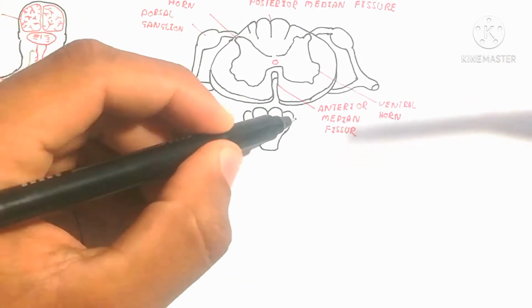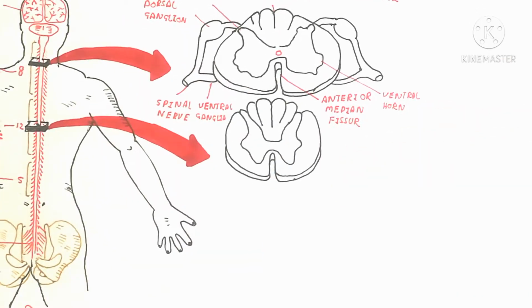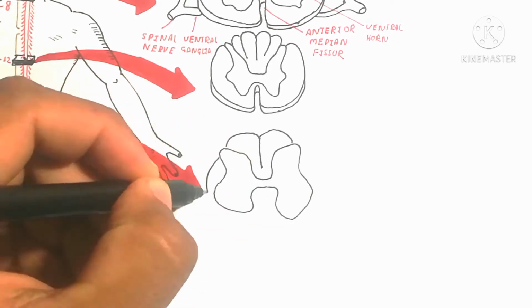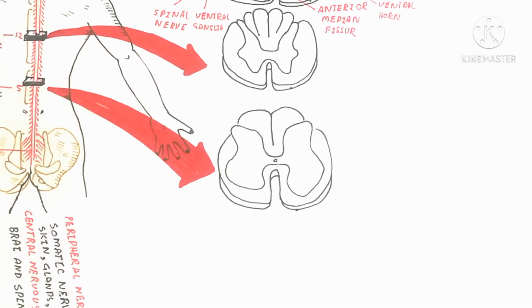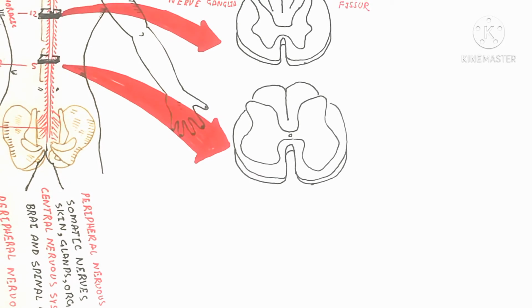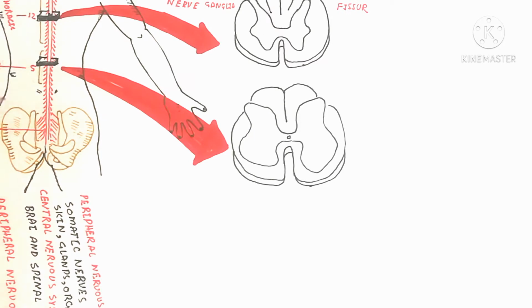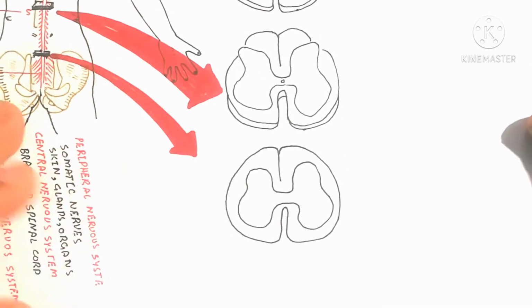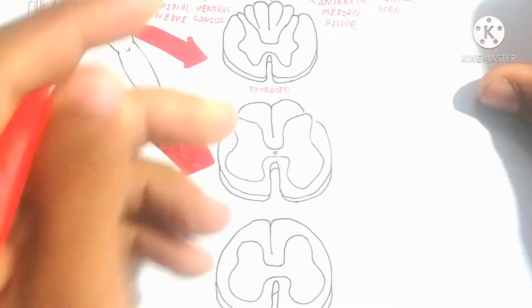Next we will discuss the thoracic region. The 12 pairs of vertebrae in the thoracic region are known as the thorax region, and here the gray matter is more dense. We have drawn from the thoracic region to the lumbar.